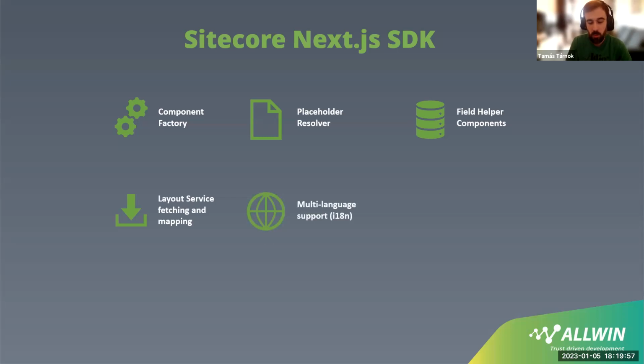It also has multi-language support. What is important here is that when you add a new language in Sitecore, you also add this language into the Next.js configuration. It's not enough if we just add the language inside Sitecore and configure it. We also need to do it on the front-end application.